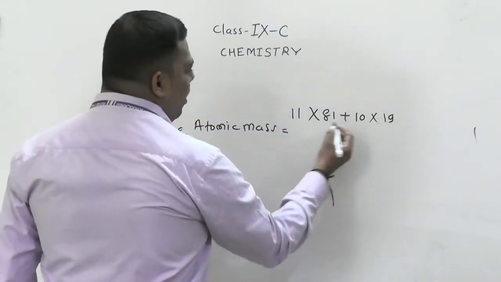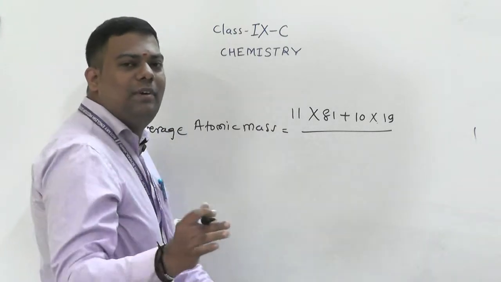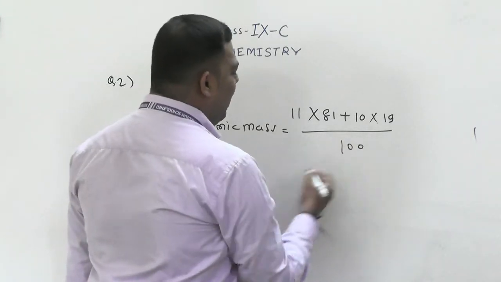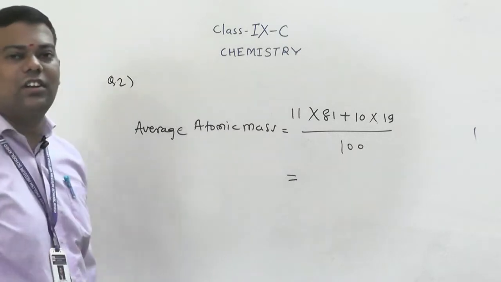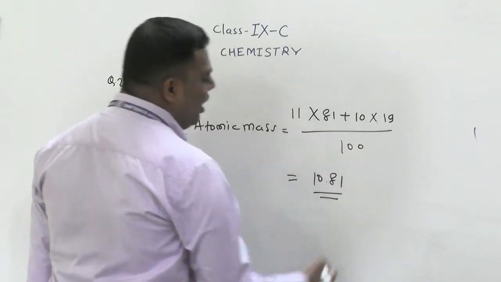Multiply, and here addition, divided by 81 plus 19, total 100. So you will get the answer, on solving, 10.81.